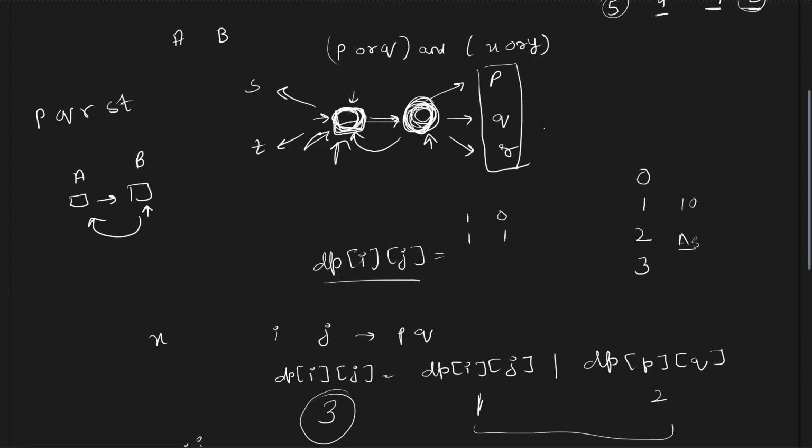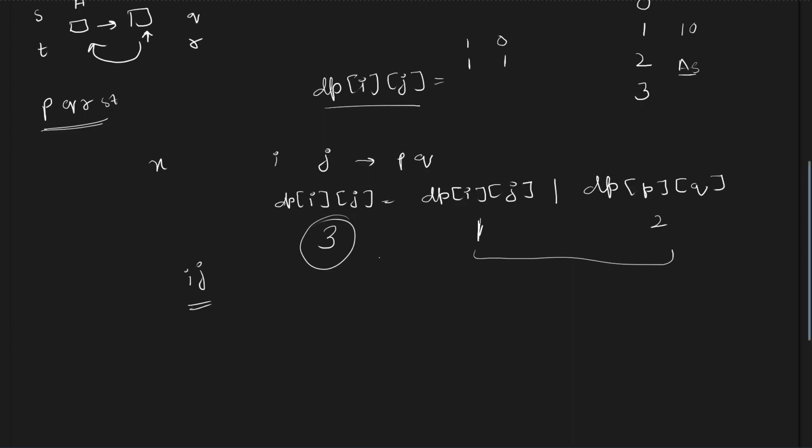If from cell B you can reach P, Q and R, and from cell A you initially were able to reach S and T, now that A and B are connected, you will be able to reach P, Q, R, S and T. You will be able to reach all of them, right?